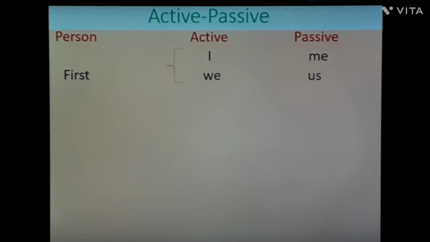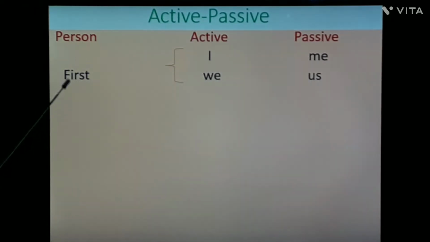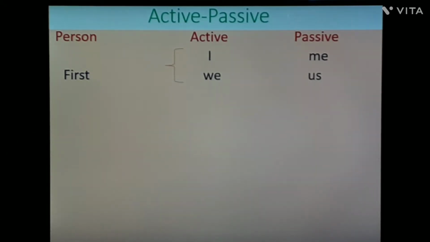First of all, before starting active passive, you need to do some changes in pronouns. Here it is given. First person, in active voice I is given, then you have to turn I to me in passive voice. First person, we, in active voice, then you have to turn we into us in passive voice.